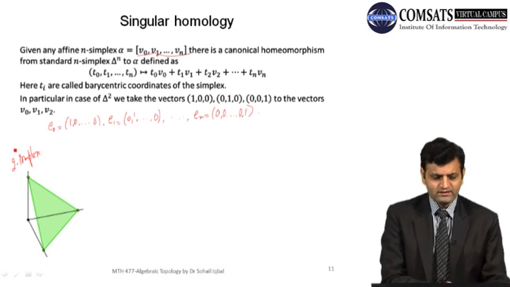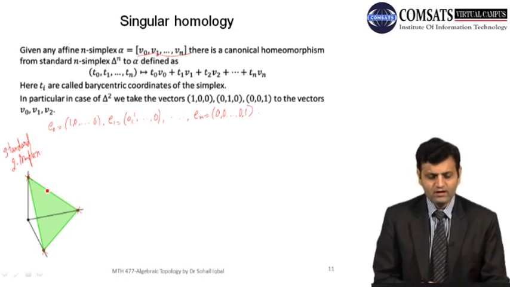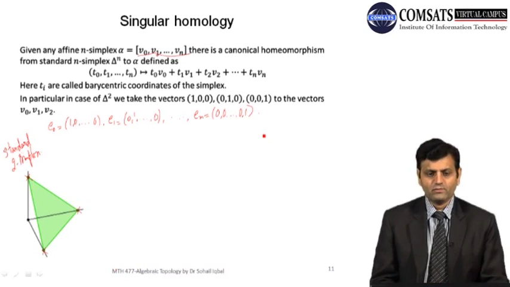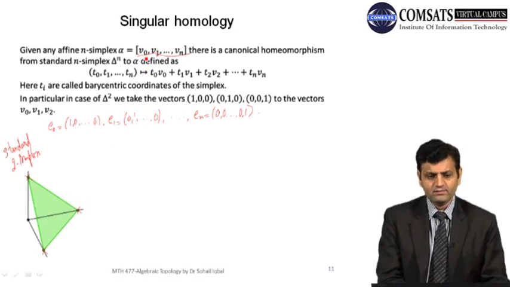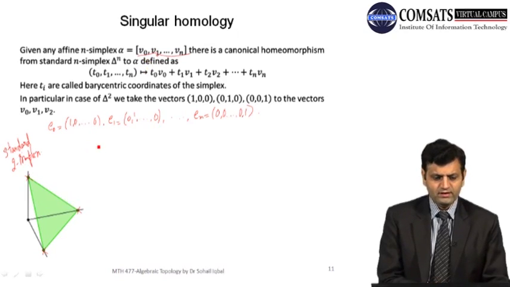You can see that these points are basically coordinate points, so it is a standard 2 simplex in R3. Now what if I take my generating points of the n simplex to be any 3 points? Let's say this is my first point, this is my second point, and this is my third point.